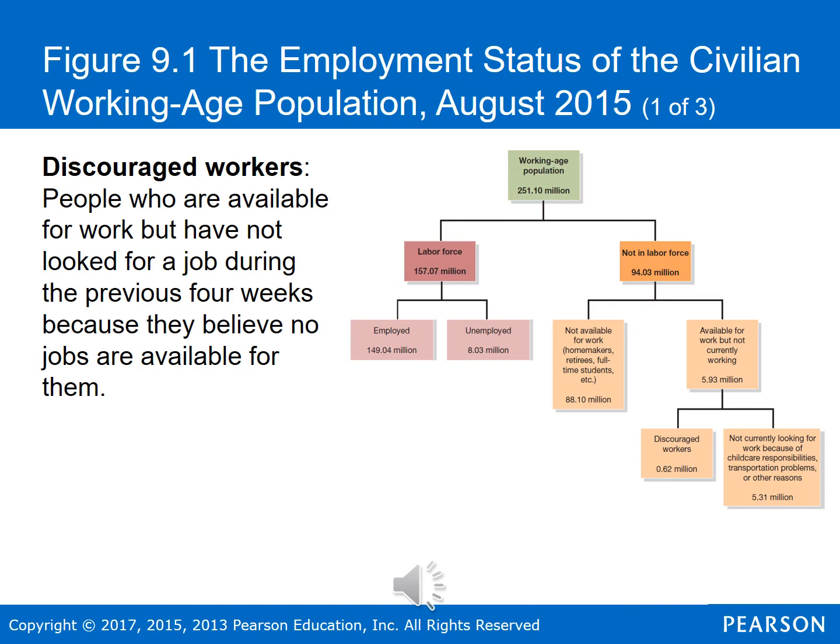For those not in the labor force, we can split those into not available for work, so that first group of homemakers, students, retirees, people like that. We can also split into available for work but not currently working. So those could be discouraged workers that believe they can't find a job, so they've given up on looking. And those not currently looking for work because of things like childcare responsibilities, transportation problems, those sorts of difficulties.